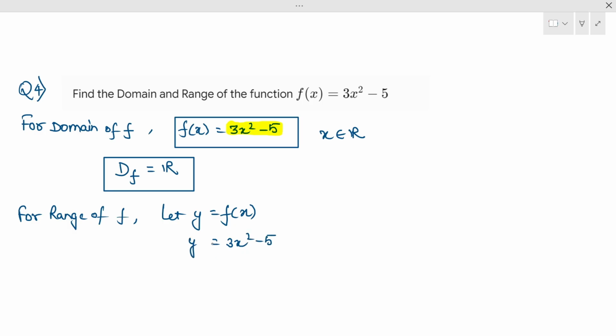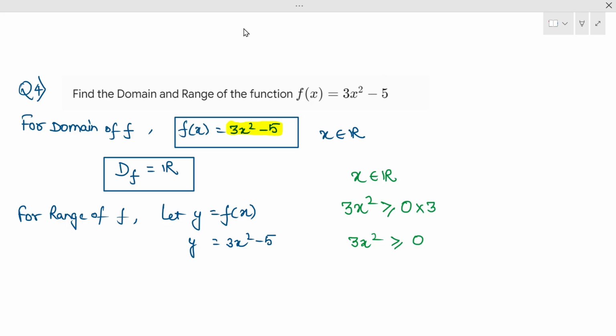Now think of it like this: for all x in R, x square will always be greater than or equal to 0. Yes or no? Yes. And if I multiply both sides by 3, it will still be the same, which means 3x square should always be greater than or equal to 0.